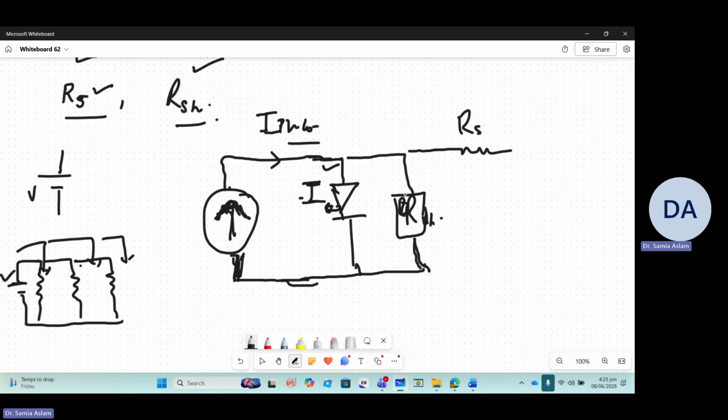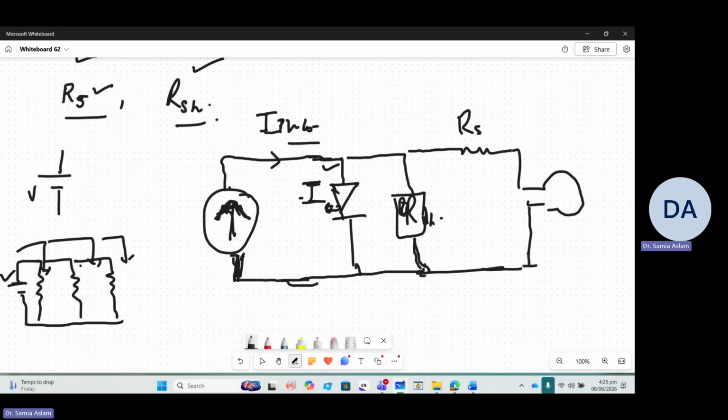This means that R shunt is connected in parallel and RS is connected in series. And then here is our load. Suppose we are trying to run a bulb using a solar cell. So the leftover current will be given to this external load.